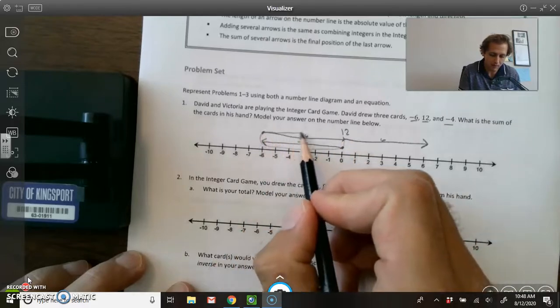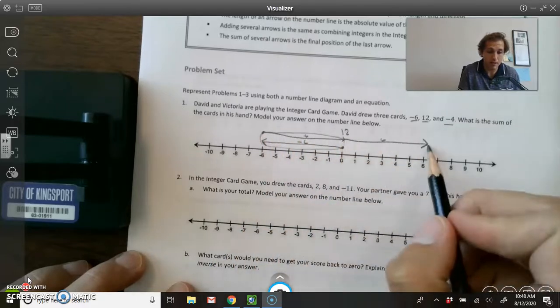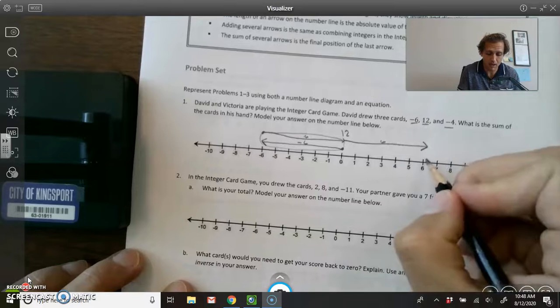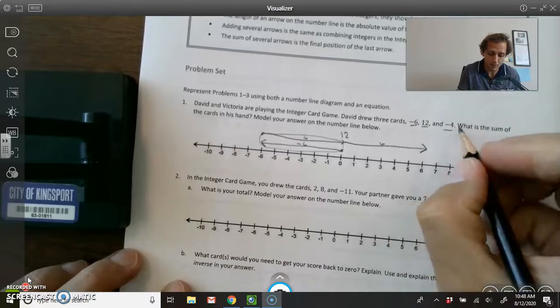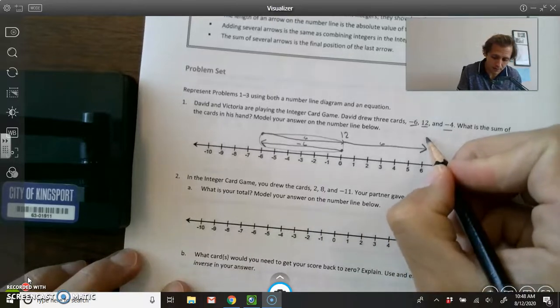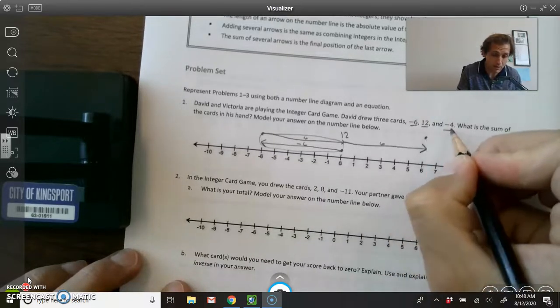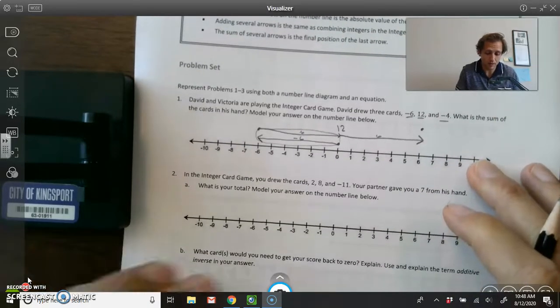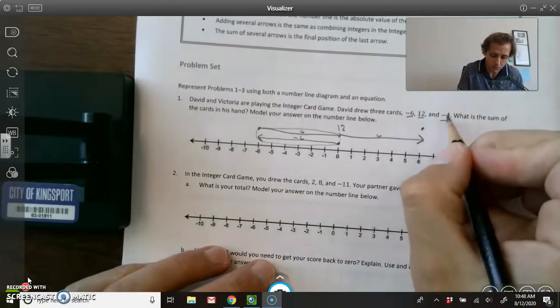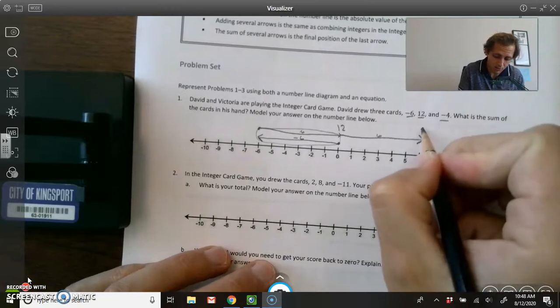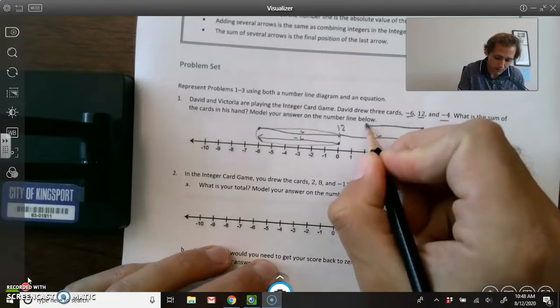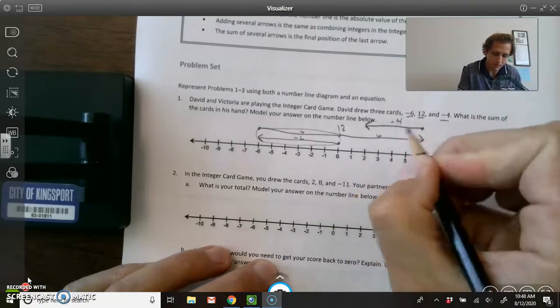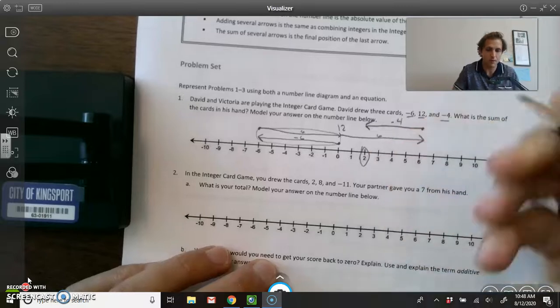Here you have additive inverses, and then I have a remaining 6 left, so I'm going to be at 6. Now I have one more vector. It is modeling the integer -4, which means I'm going to go 4 spaces, a distance of 4, and it is to the left. If I return to the left 4 spaces, I would end up at 2.